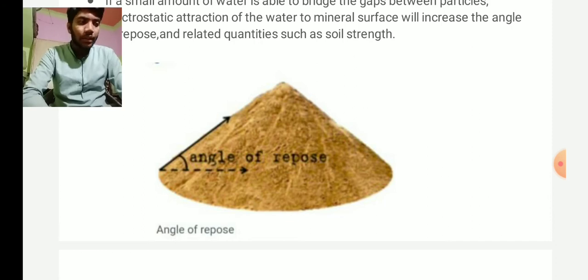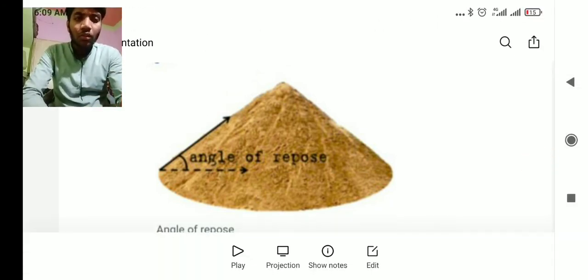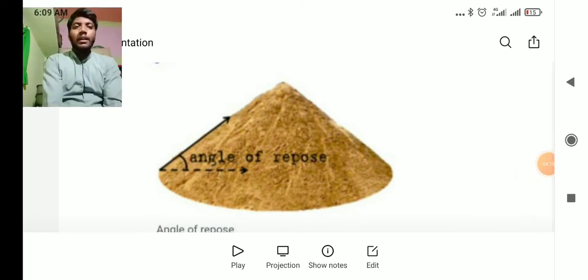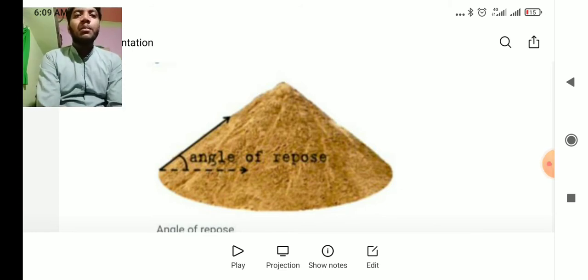The internal angle between the surface of the pile and the horizontal surface is known as the angle of repose, and it is related to density, surface area, and shape of particles.